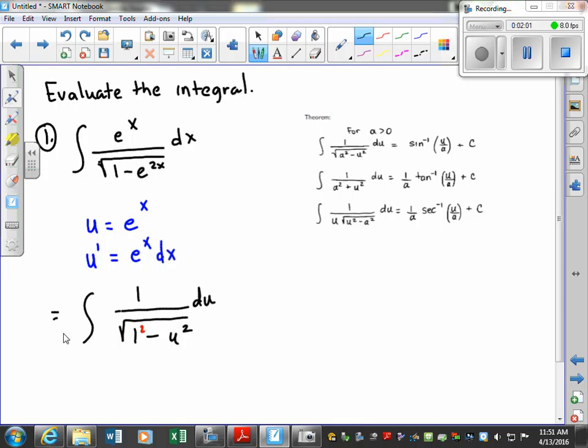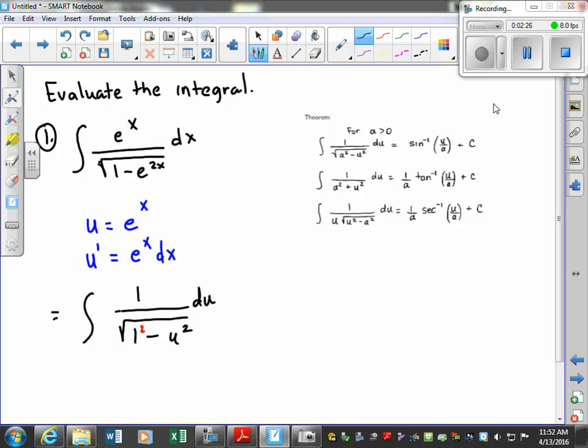Let's make sure that everything's accounted for here. The du is e to the x dx, so that's the e to the x dx. That's fine. And then 1 minus u squared would be e to the 2x. So we're going to have sine inverse of u over a plus a constant.